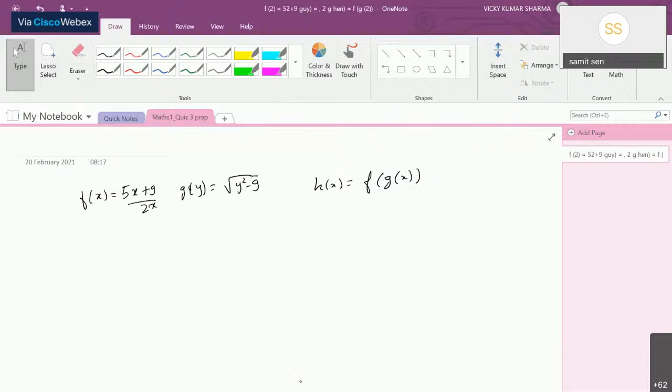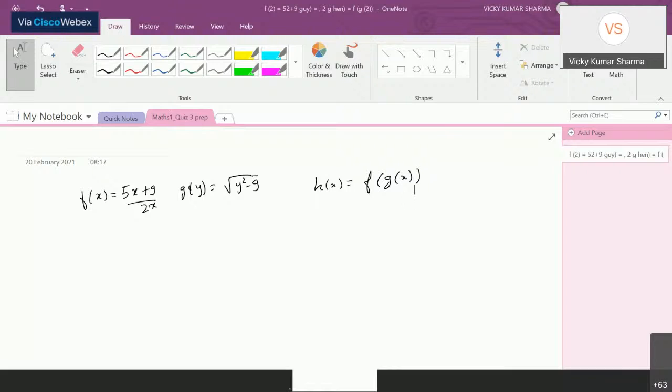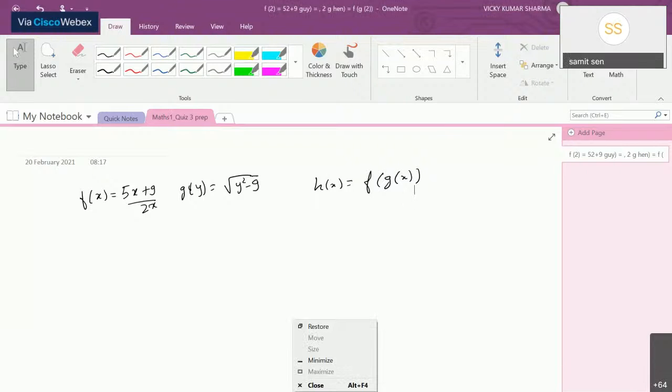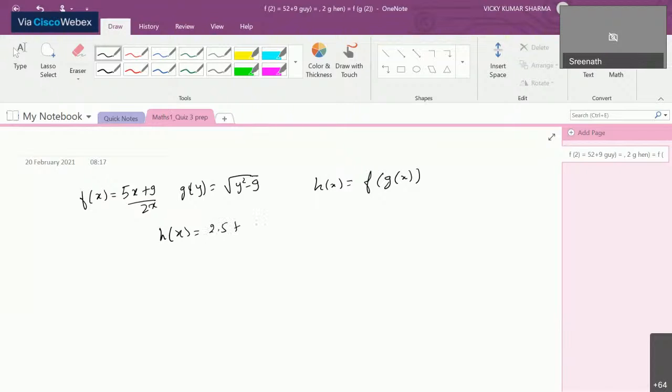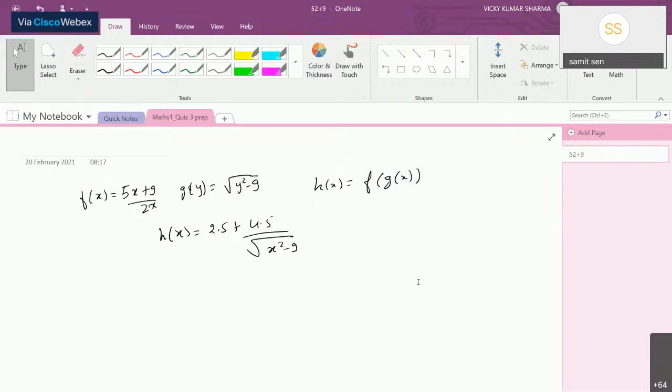One minute. What's your good name? Shomit. Okay, Shomit. So you would have obtained h of x equals 2.5 plus 4.5 upon root over x square minus 9, correct? I didn't do that simplification. I simply wrote 5 into root over x square minus 9 plus 9 by 2 into root over x square minus 9.